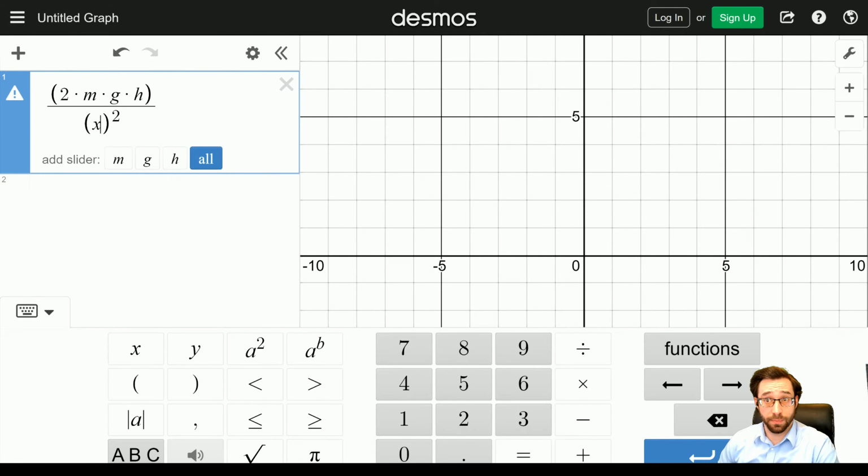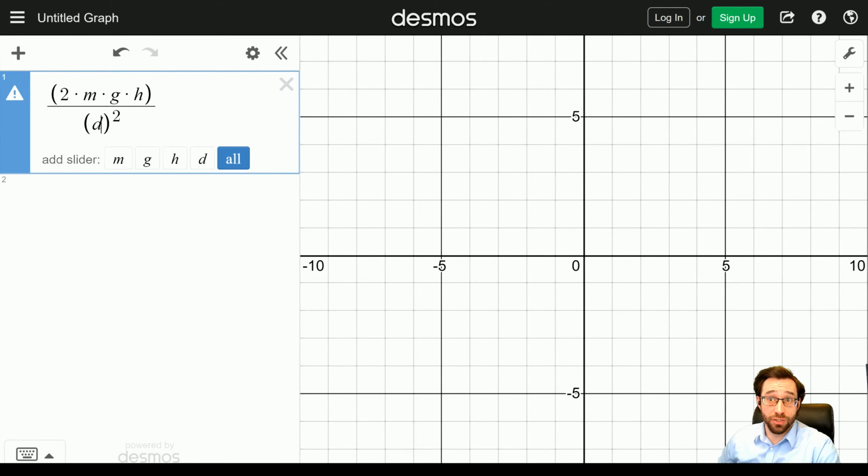Oh, that's interesting. So apparently you can't use the letter x, because it's a graph. So we'll just say d for distance, displacement. If you guys are following along, that's why it didn't pop up, because it's trying to graph it, and x is the variable that they use for that. So if that ever happens, if I've got letters up here and it doesn't pop up here, just try a different letter to represent that.